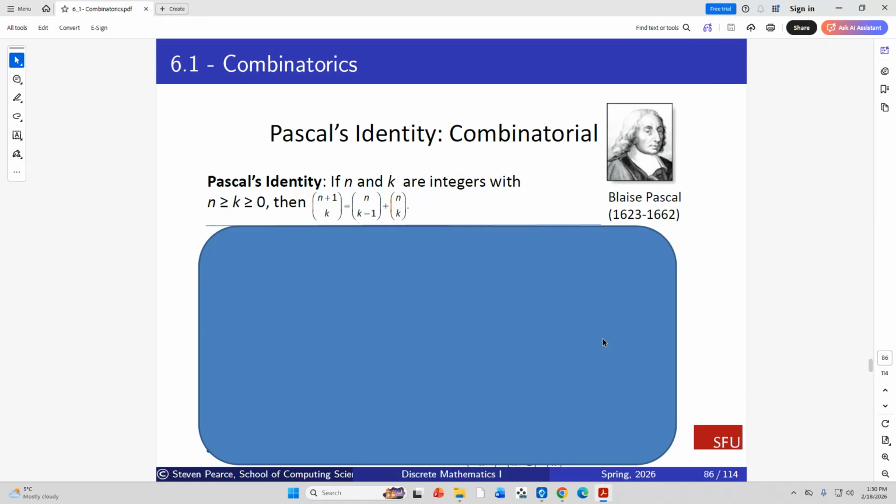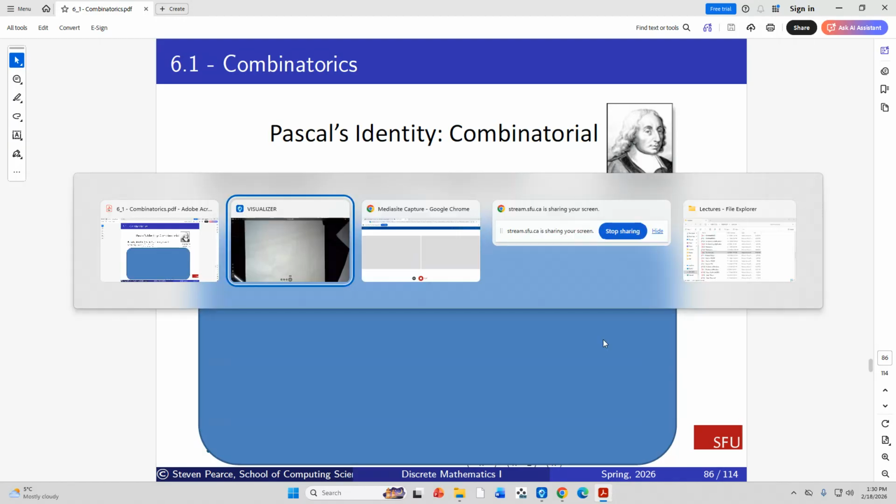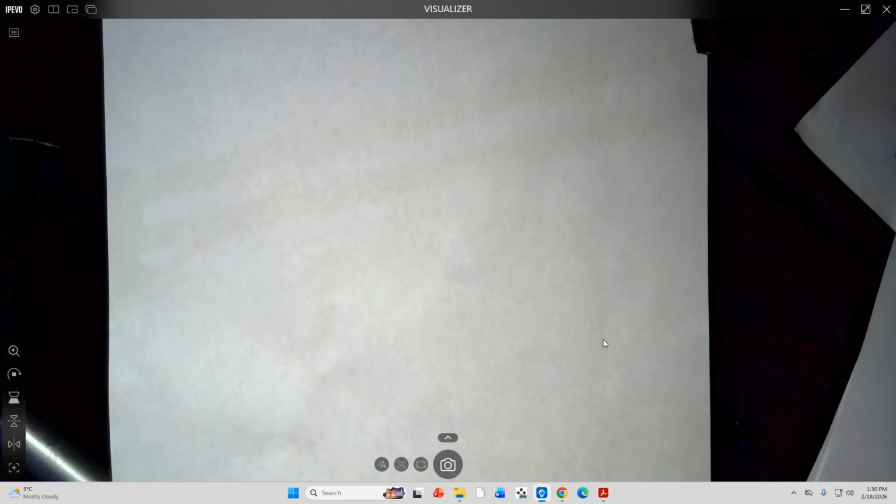Now, how about if we look at the combinatorial proof? All right. What do we have here? A combinatorial proof. Let's see.